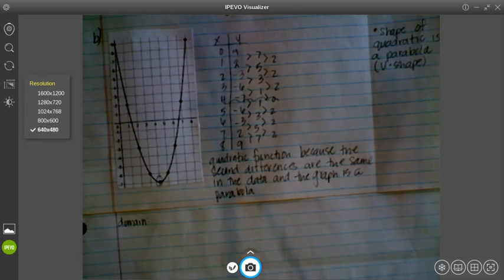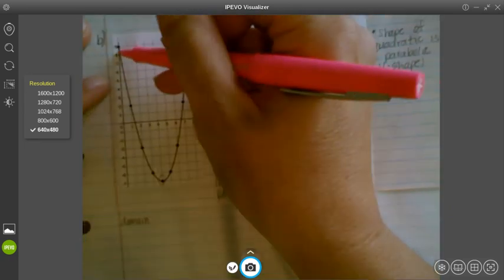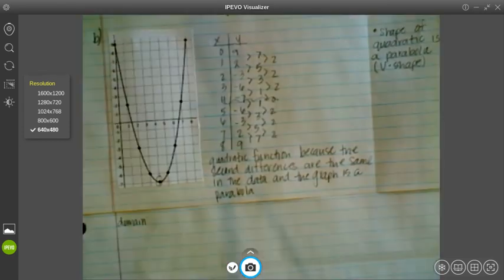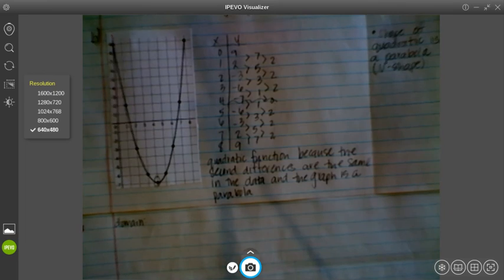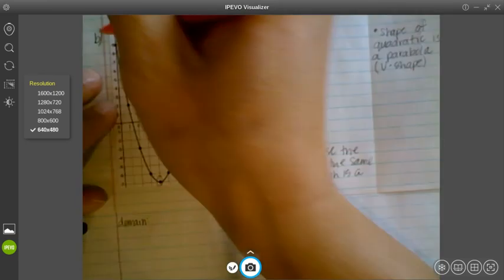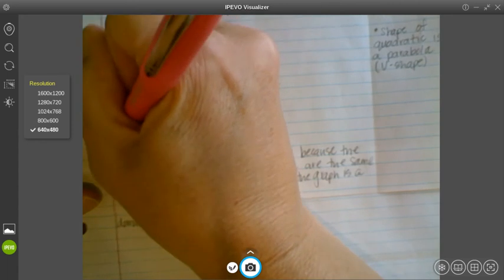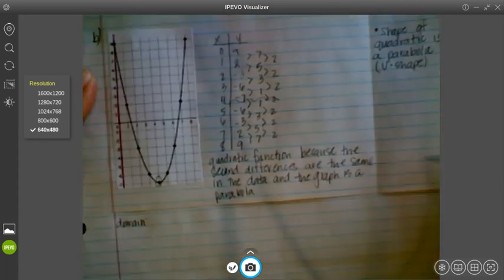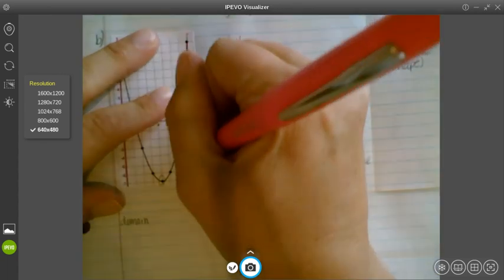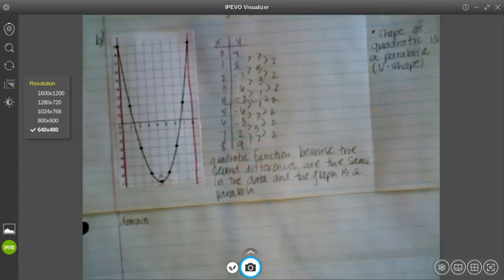So that's the very left side of our graph, and here's the very right side of our graph. And so our domain falls between those two lines.